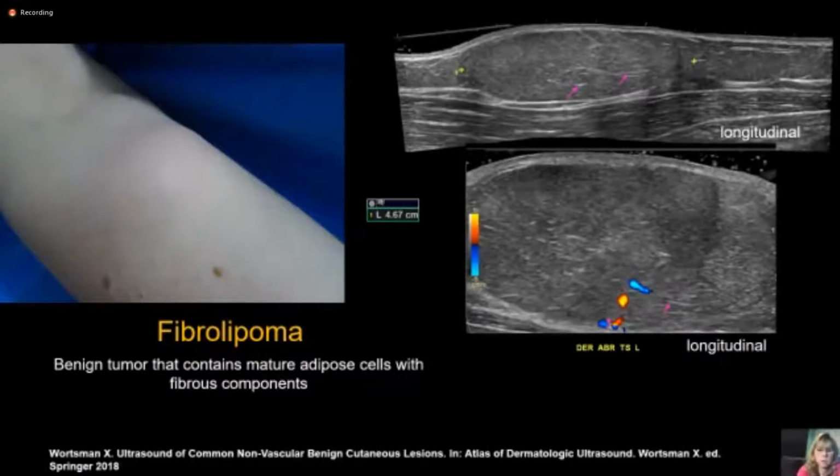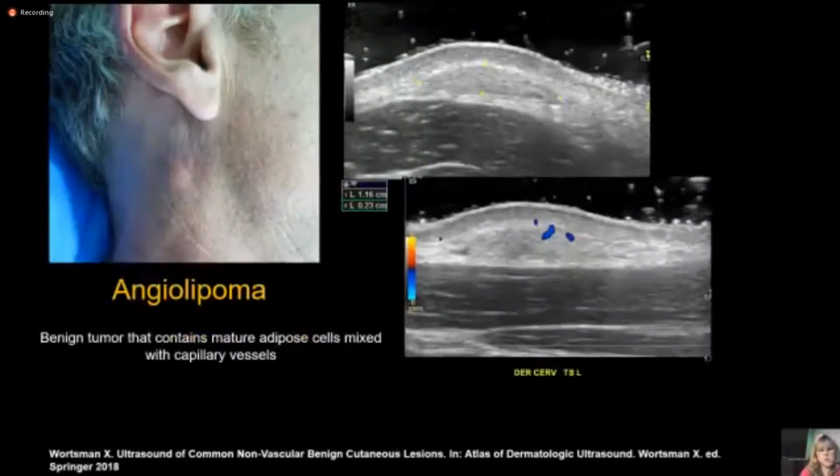On ultrasound, they present a low degree of vascularity, usually with some peripheral vessels and some inner vessels. When you have a heterogeneous fibrolipoma or a hypervascular fibrolipoma, you must suspect a malignant transformation.